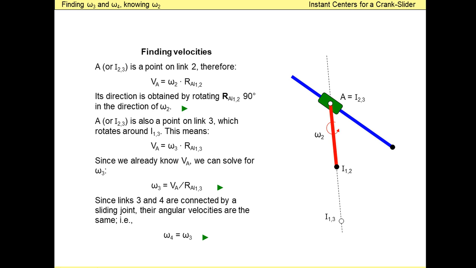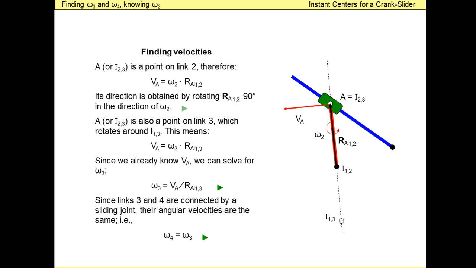Now omega 4 is equal to omega 3, where omega 4 is the angular velocity of the output link, that is the blue link here.